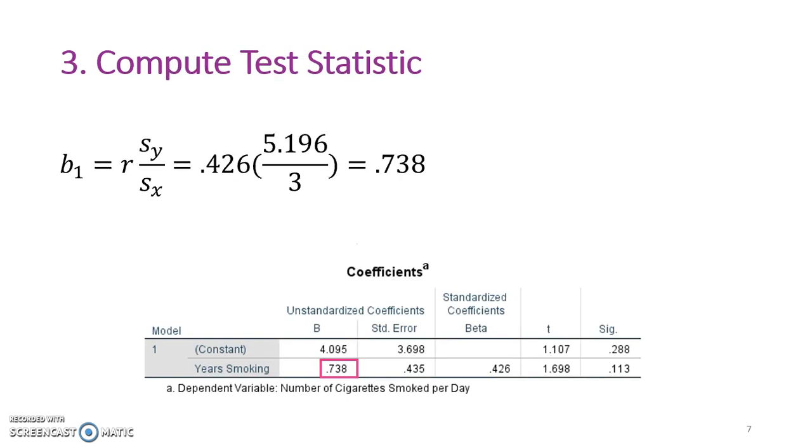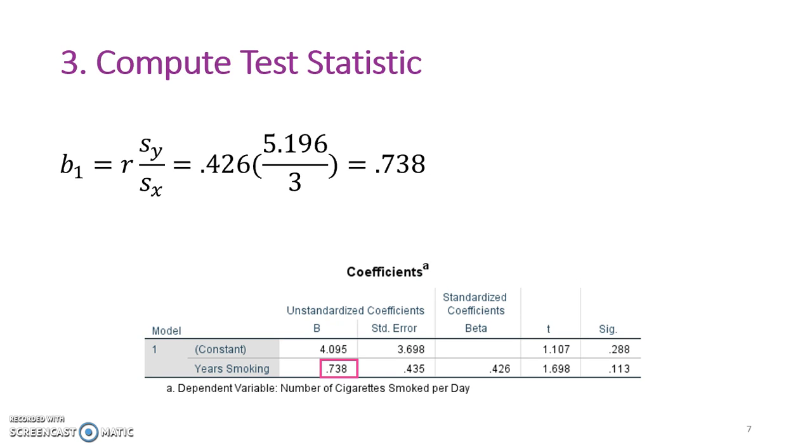Step 3 is to compute the test statistic. Now, I did show you the formula for the test statistic for B1, and it is calculated using the correlation between X and Y, and also the standard deviations of X and Y. And that calculation is shown here again. But when we run the analysis on the computer, we don't have to calculate this by hand.